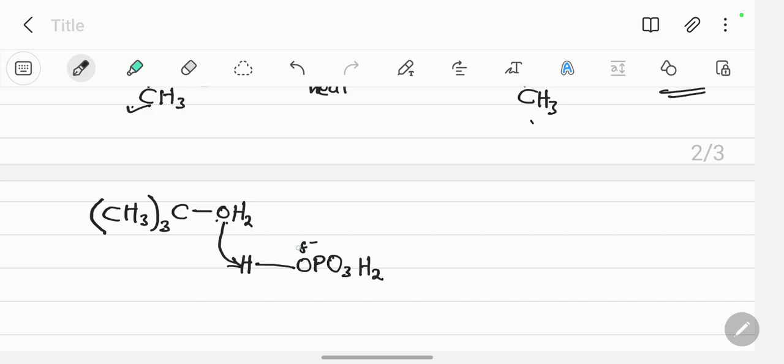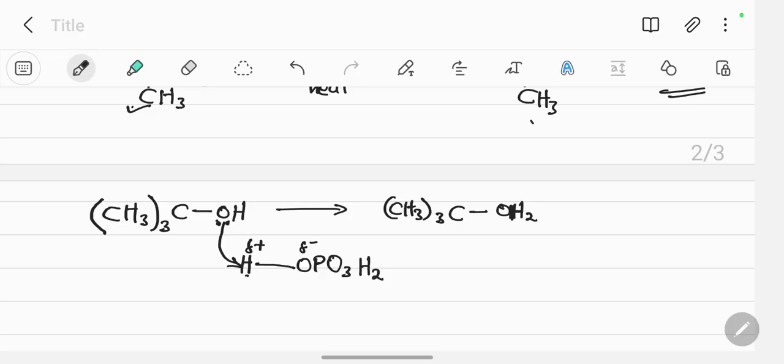So this one's having a negative charge there, positive charge there. So we have our lone pairs of electrons attacking that hydrogen and forming (CH3)3C and OH2. I think that now this hydrogen is added to that, forming OH2.